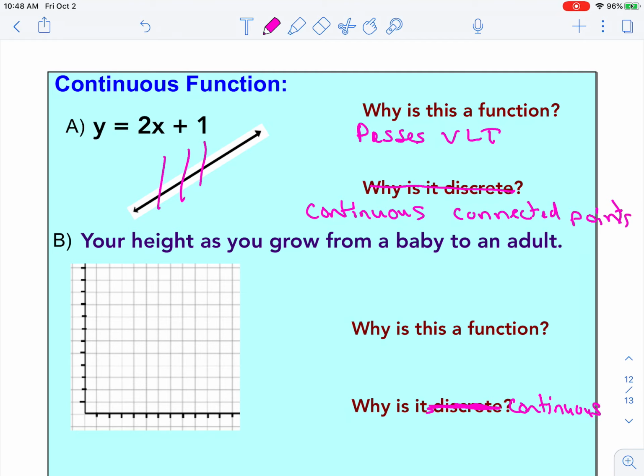So why is this a function? Your height as you grow from a baby to an adult. Here's your height and here's your age. When you're a young child, your height is pretty low. Then it keeps going up, and you actually grow pretty fast, and then you kind of level off, and then you grow again, and so on. But if you think about it, your height keeps growing in between each year.